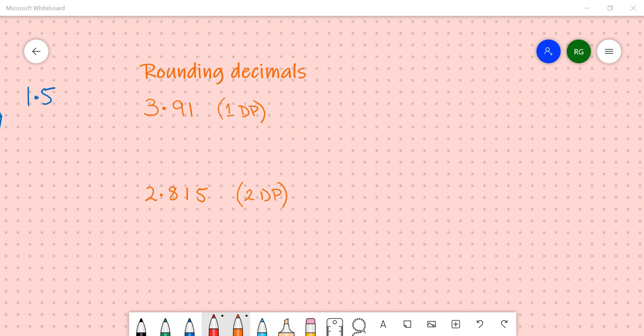So what we do here is we can put a line down here because we want to know just to one decimal place. We don't really care about the hundredths position. Now what we need to do is look at the number after that.